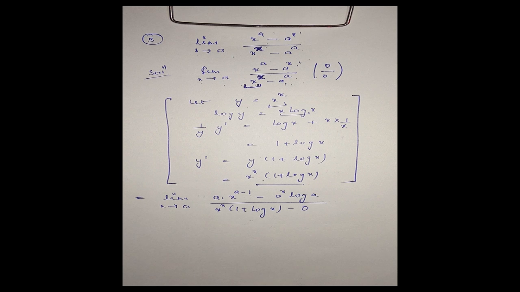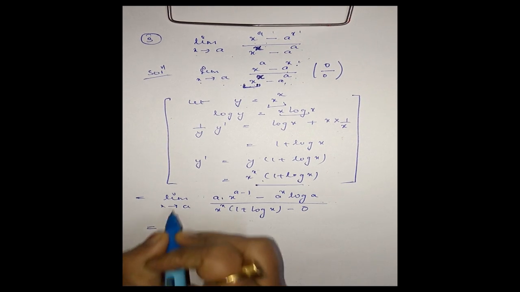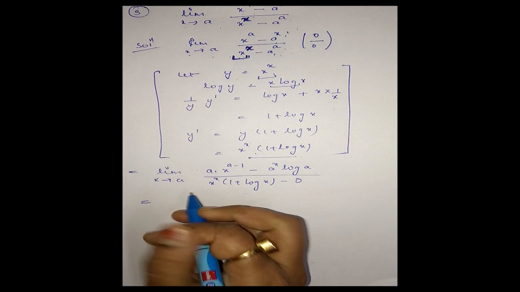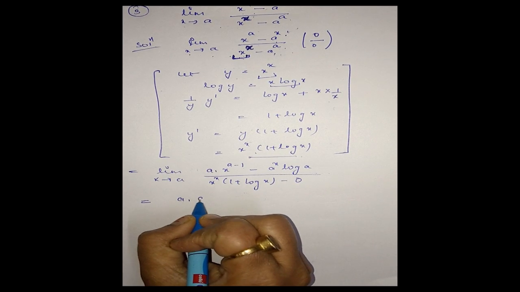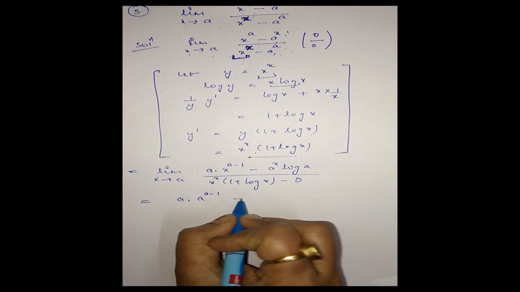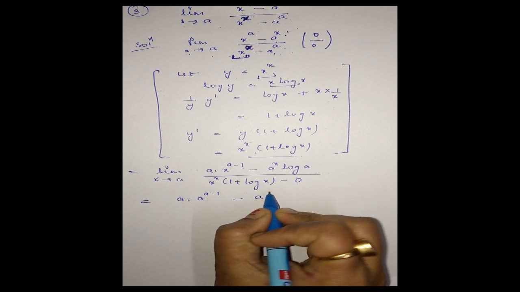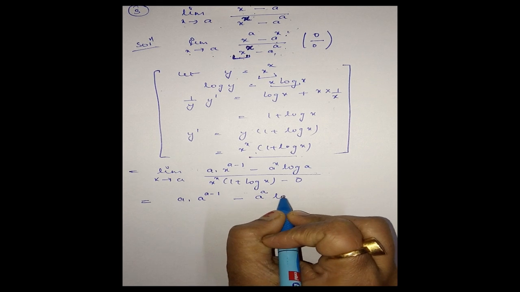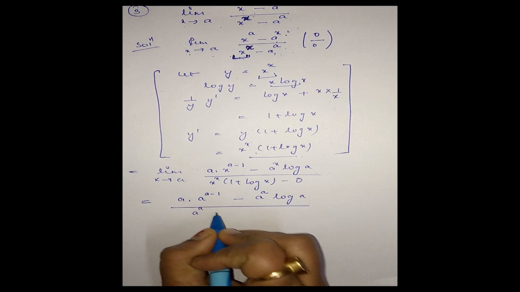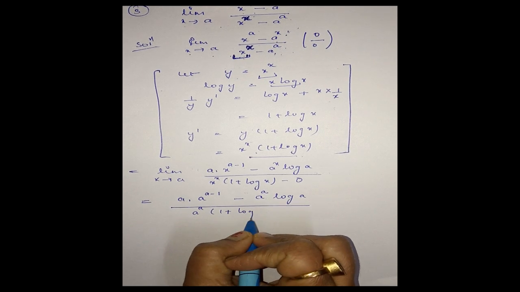Clear? Now on taking limit as x tending to a, here we get a into a power a minus 1 minus a power a log a, divided by a power a into 1 plus log a.